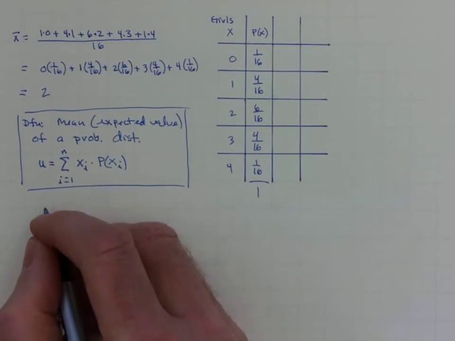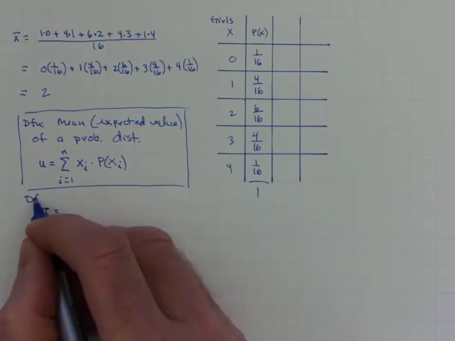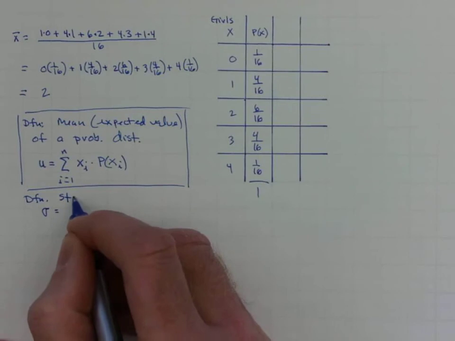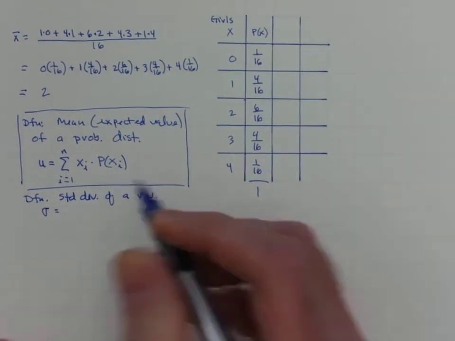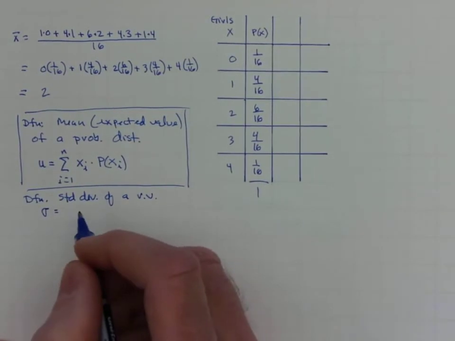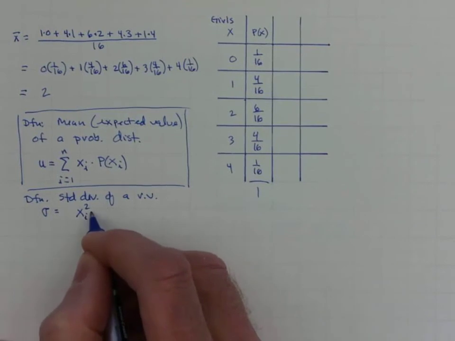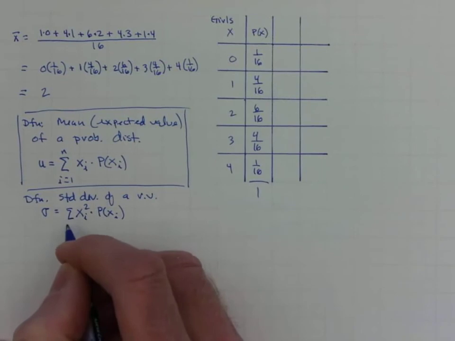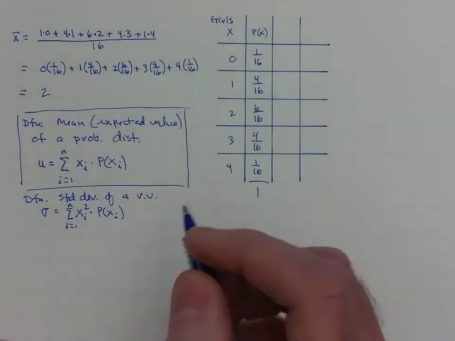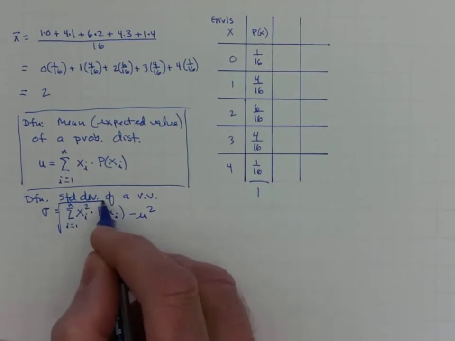But as it turns out, we use the same symbol that we use in descriptive statistics world. We'll use a sigma. So definition, the standard deviation of a random variable or of a probability distribution is what you get when you take the squares of the values, multiply them by their probabilities, add them all up, subtract the square of the mean, and take the square root.